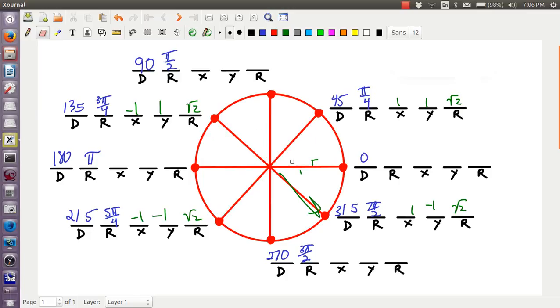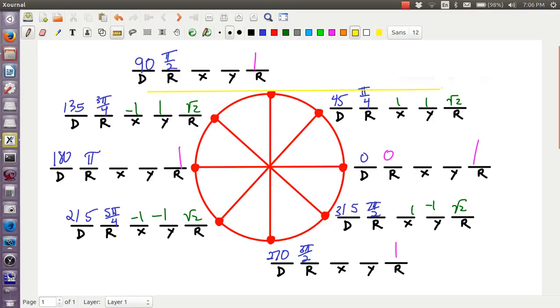Now what about the case where we just have 90 degrees, 180, 270, and so forth? In all those cases, the radius is 1, and then we just look at x and y as if we're on the Cartesian coordinates. That means you have to imagine, for example, that this is part of a grid.